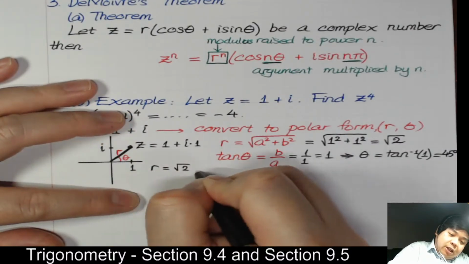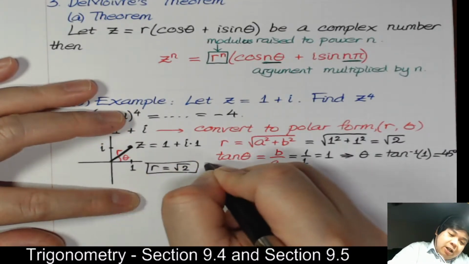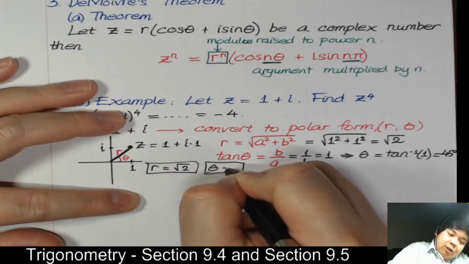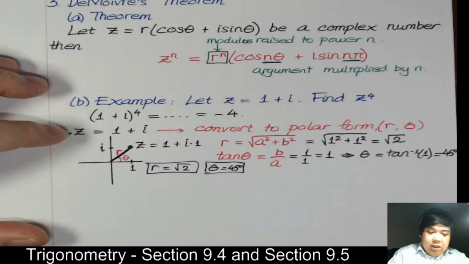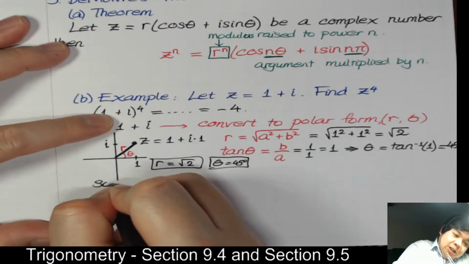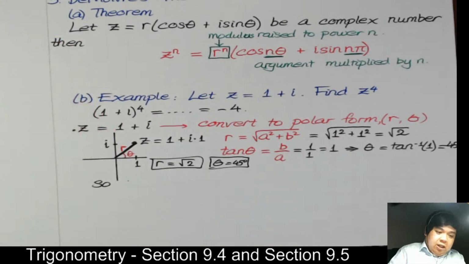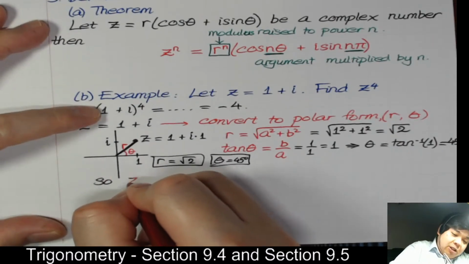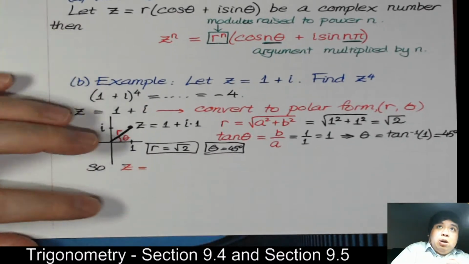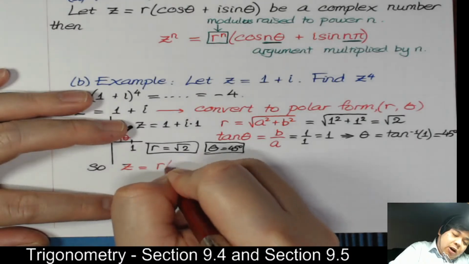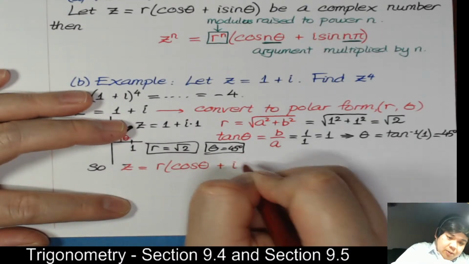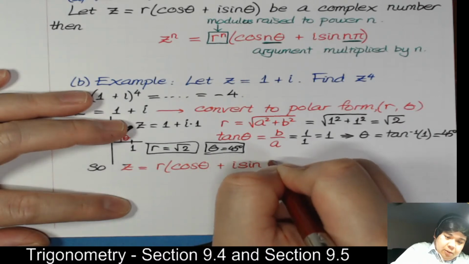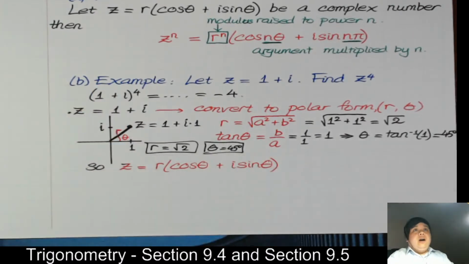So instead of 1 plus i, we can use r equal to square root of 2 and theta 45 degrees. And then we can write the number in polar form: r cosine theta plus i sine theta.